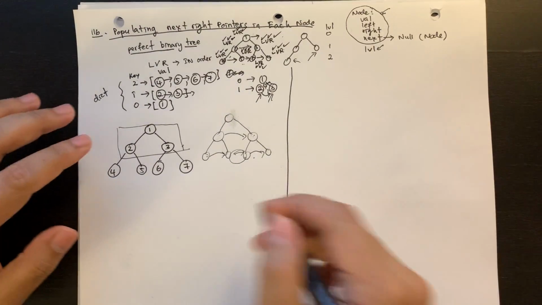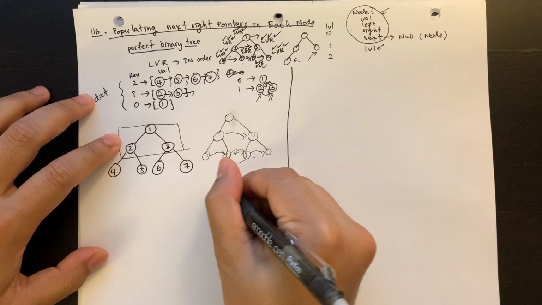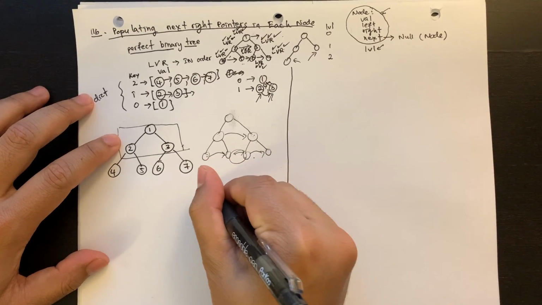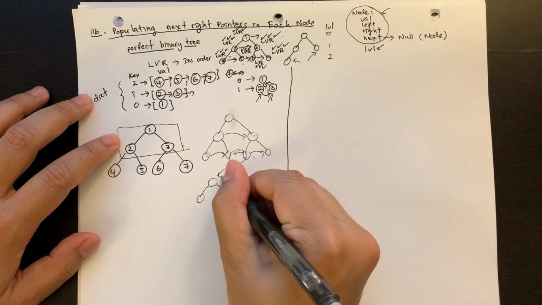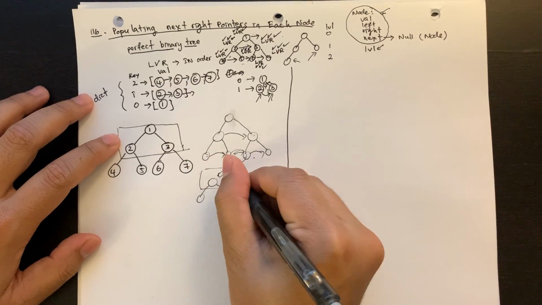Okay, let's think of a simple version of this. Say that we have just this and this and this. So let's say we are on this stack frame.